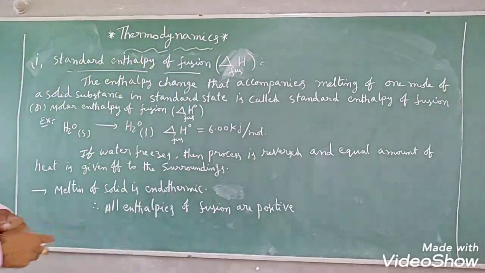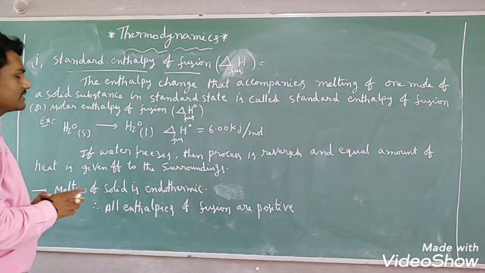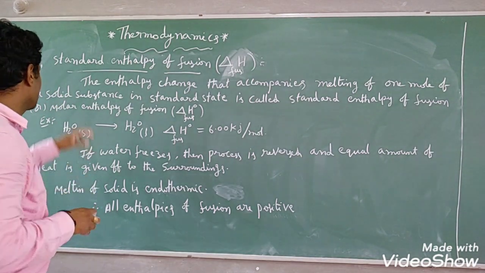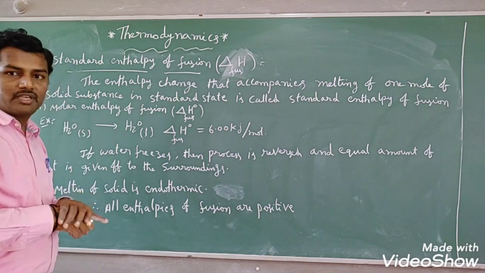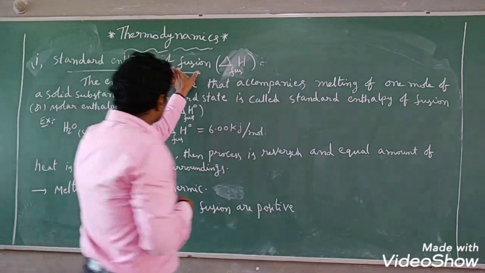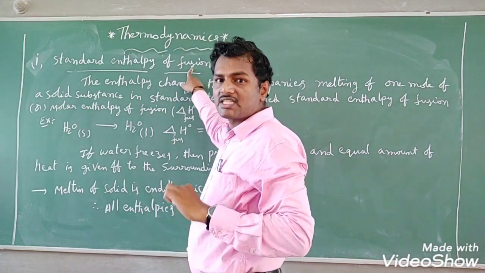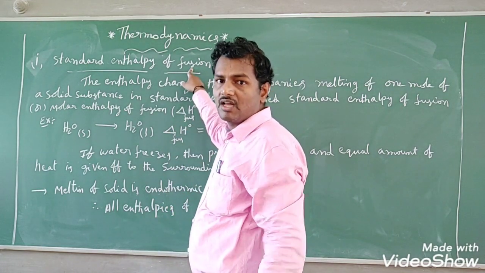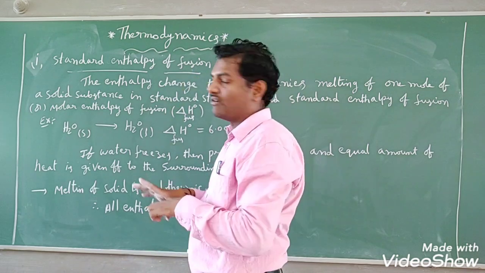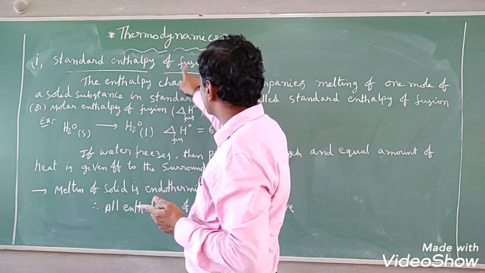Let us see, students, the different types of enthalpy changes. The first one is standard enthalpy of fusion. What is the meaning of fusion? It is a process in which a solid substance converts into a liquid, just like water melting, right? How do we represent the standard enthalpy of fusion?